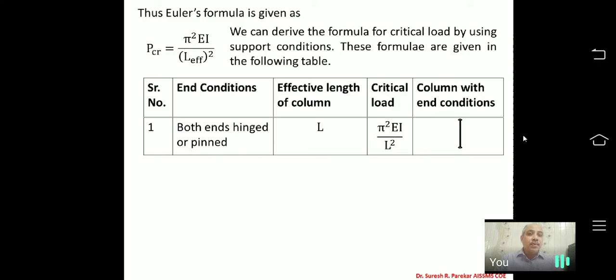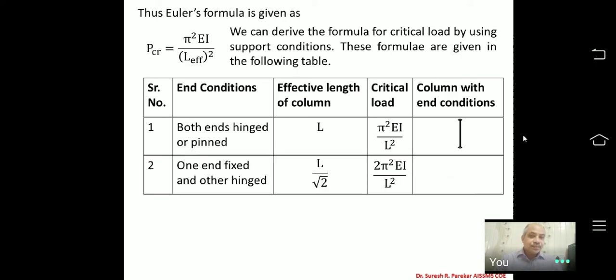But in competitive MCQs, it becomes easy to put MCQs for these columns, and generally you have one question in GATE on this column with end conditions.